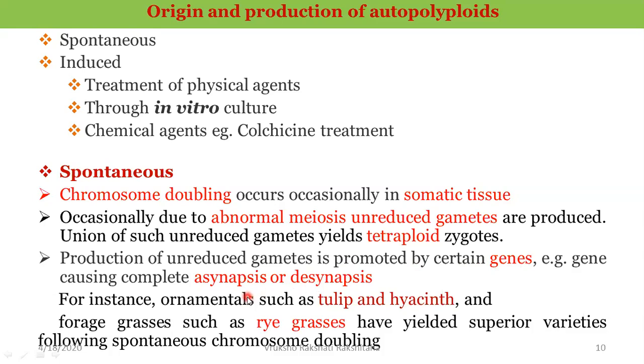Examples of spontaneous autopolyploidy are in some ornamentals like tulip. It also occurs in hyacinth, and it has also been found to occur in forage grasses, for example, ryegrass.